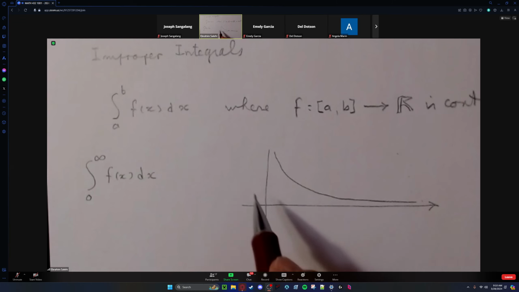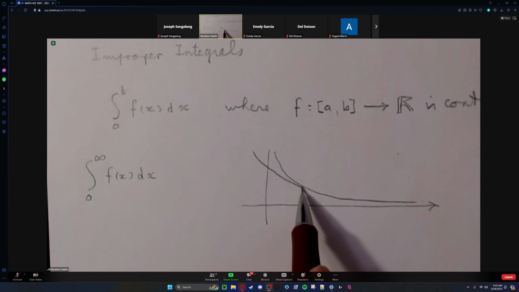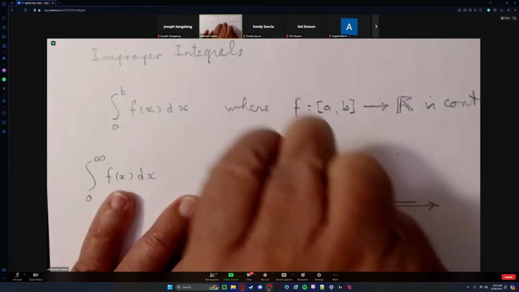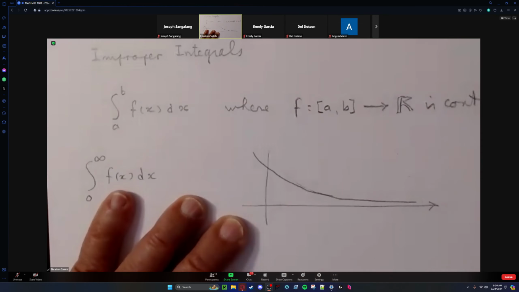Well, maybe why not? Since I don't want this to be asymptotic with the y-axis.